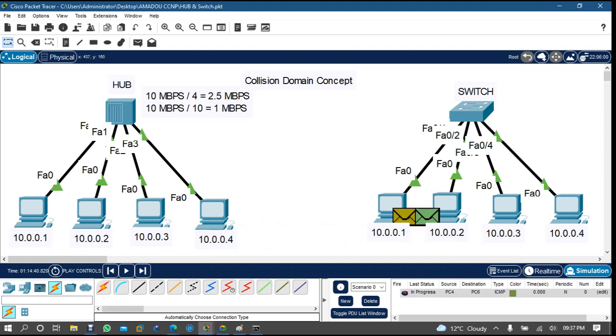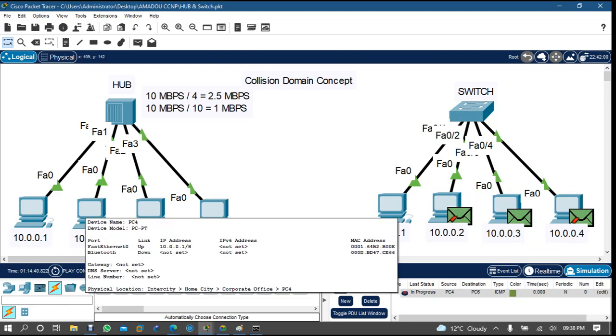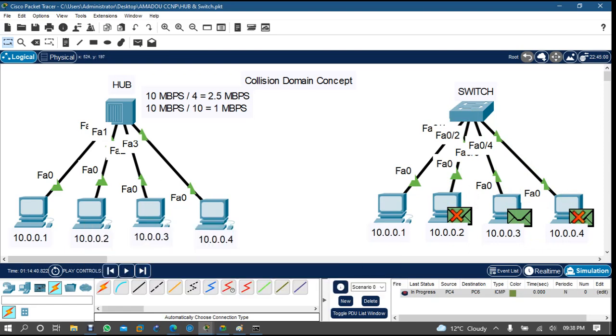Because this PC does not know about the destination. That's why the ARP packet has been generated. Now see, it will come here, and then it will broadcast again. Why is it broadcasting? Because this PC did not know the destination MAC address.